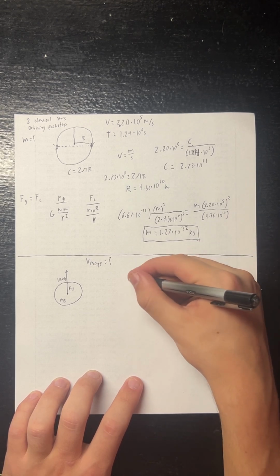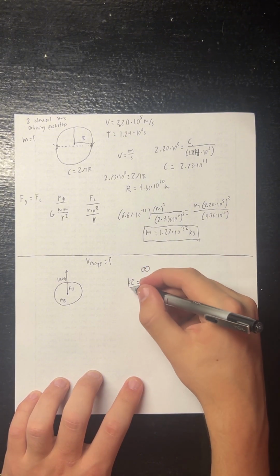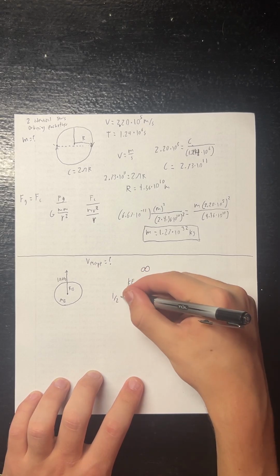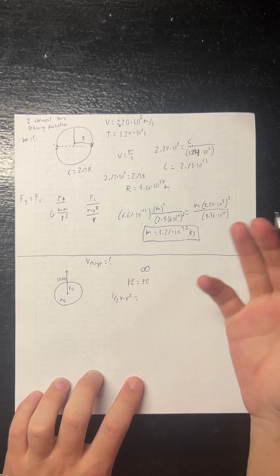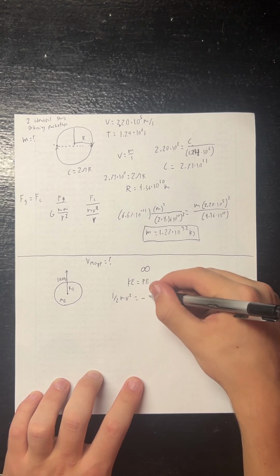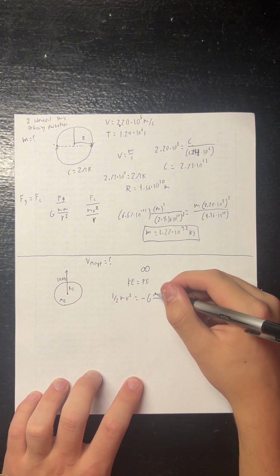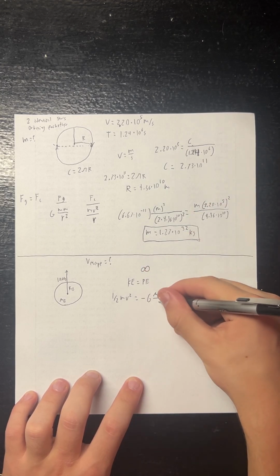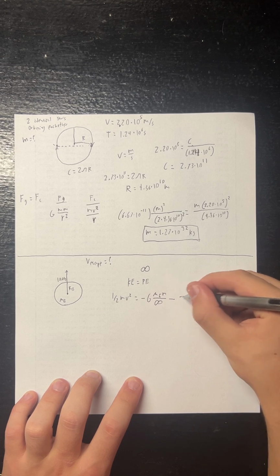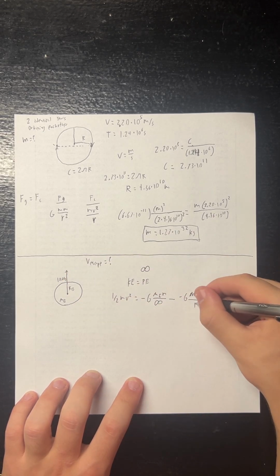So what we can do is set up our kinetic energy equal to our potential energy. Our kinetic energy is going to be 1/2 m v squared, and that is going to equal our potential energy, which is a difference. So final, which is negative G m of Earth times m of the thing, over the distance. What is the distance? Like we said, it's infinitely far away, so the distance is infinite, minus our negative G again times m e times m over the radius of the Earth.